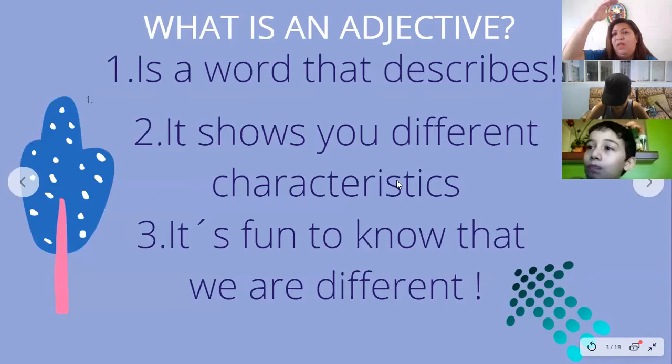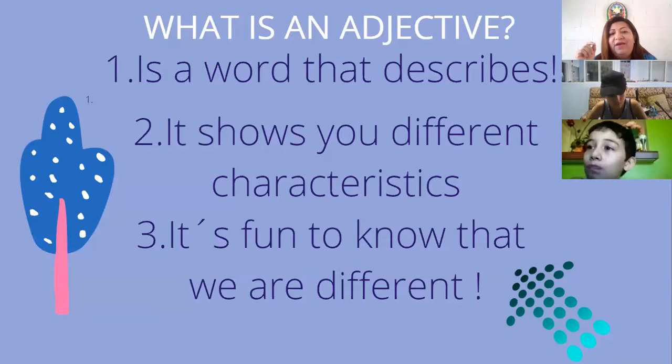If you're tall, small, beautiful, intelligent, if you have black hair or yellow hair. And finally, because of the adjectives, we can see that we are all different, but in a good way. It's really fun to know that we are different.